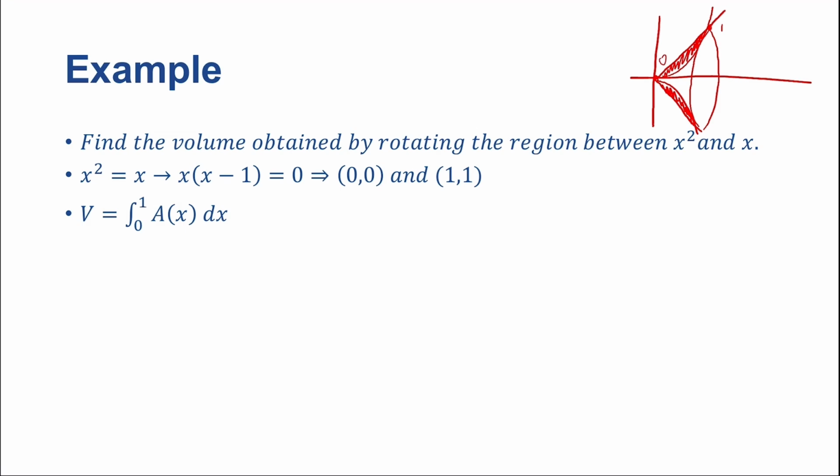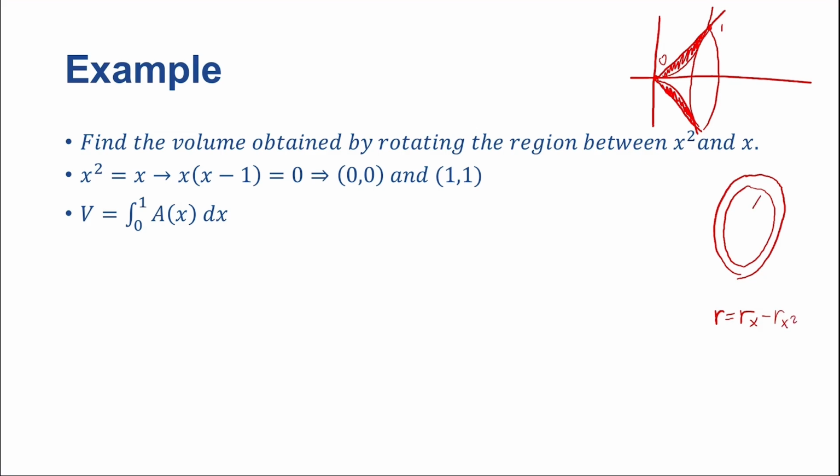Now let's take a peek at the cross section to determine what our radius is. Here's a cross section. Here we have the circle created by f of x equals x, and here we have the circle created by f of x equals x squared. So the radius is going to be equal to the radius of x minus the radius of x squared.